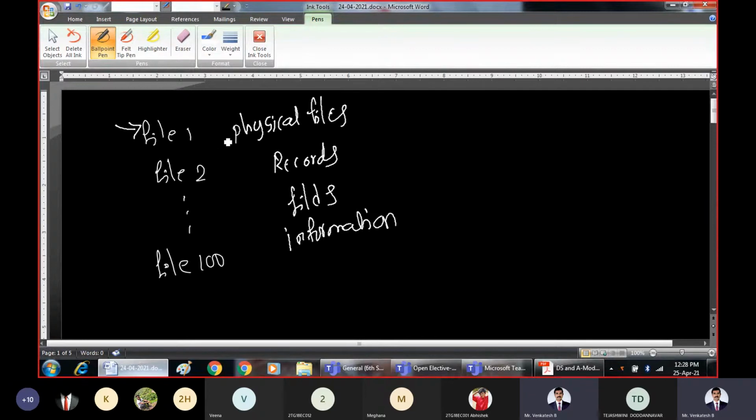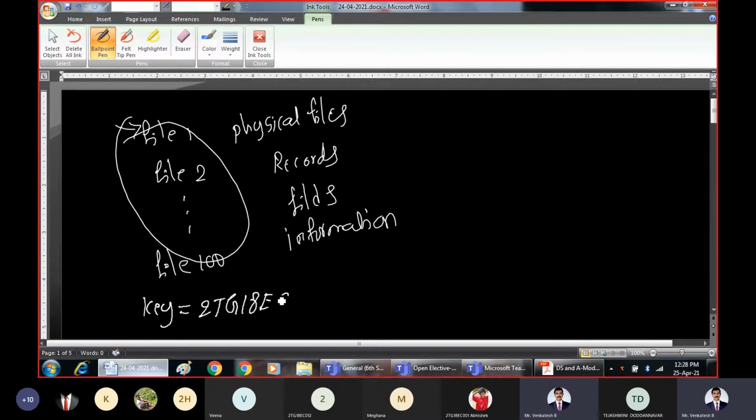Right? So assume when you have 100 files, and I will ask you to search for some key element, that means some details of one student, by specifying the university seat number. Say some number I will write.